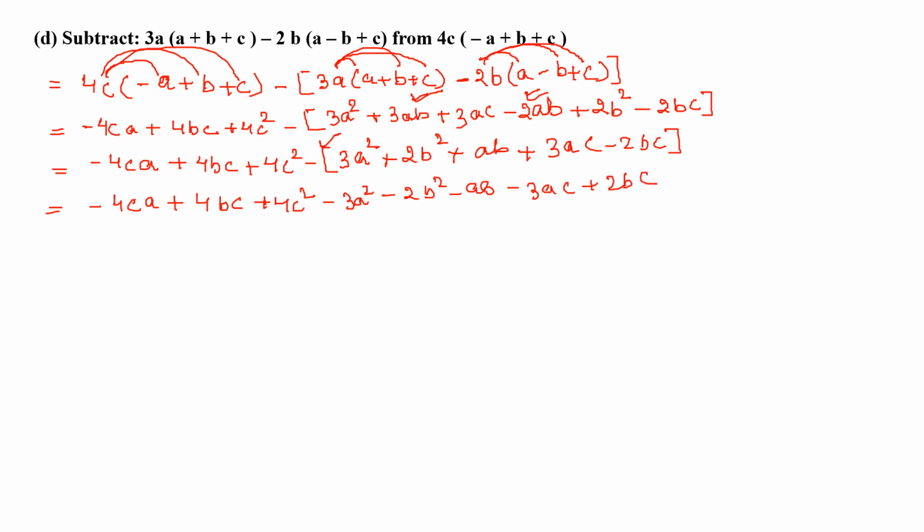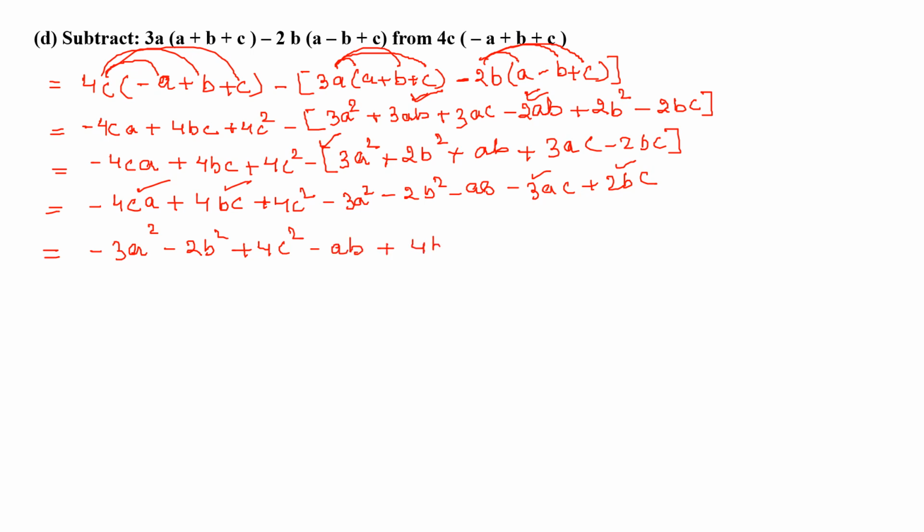Again you have to see is there any like term. So I can see here 4bc and plus 2bc are like terms and minus 4ca and minus 3ac are also like terms. So now I'm going to combine them and I will write the expression in descending order of the power. So first I will write minus 3a square, then minus 2b square, then plus 4c square, then I will write minus ab and then I'm going to combine the like terms.